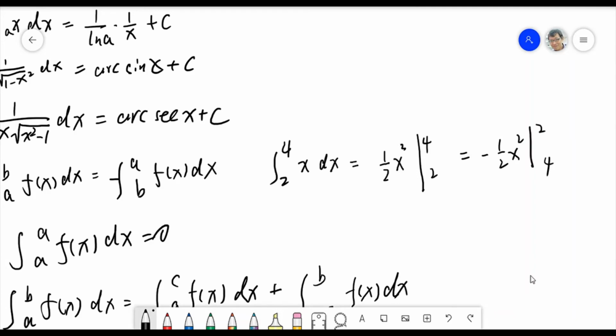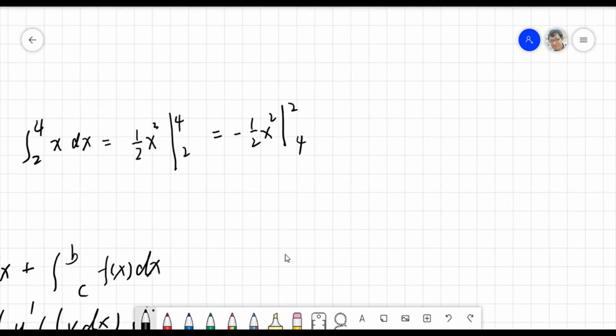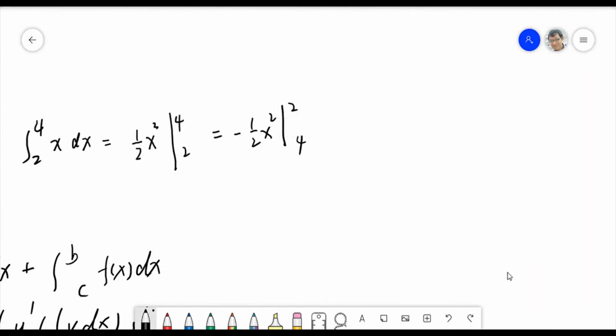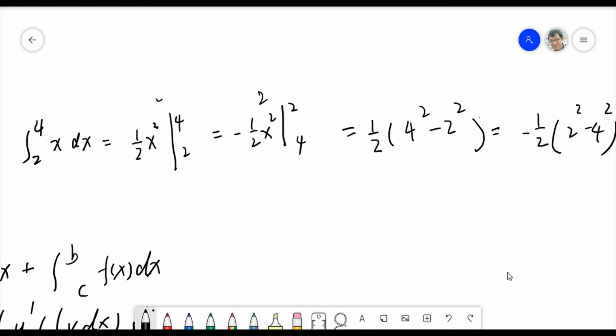Is that the same? Let's see the first one: 1/2 is always there, and then 4 squared minus 2 squared. Am I right? And the second one is negative 1/2 times 2 squared minus 4 squared. Definitely they're the same, just the sign is changed, right? So that's right.